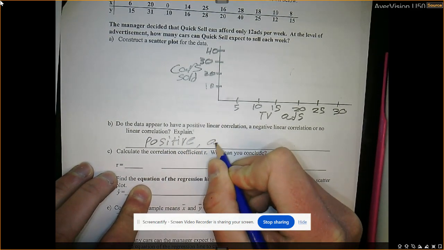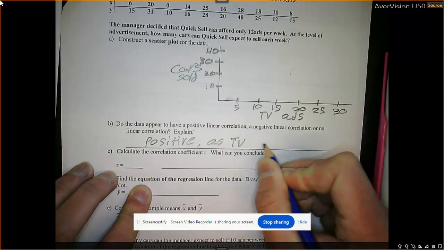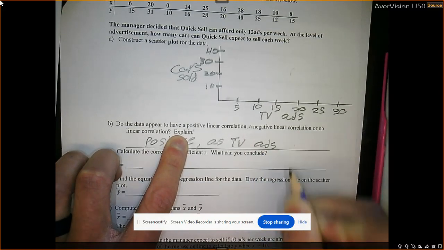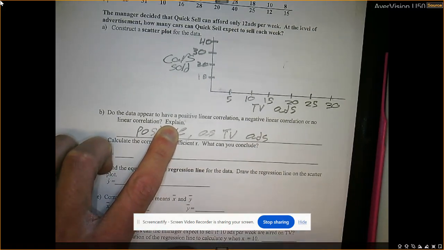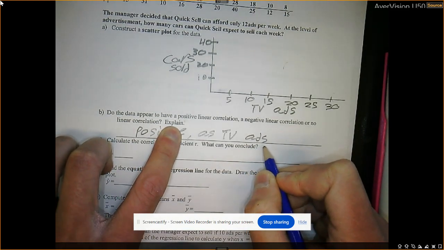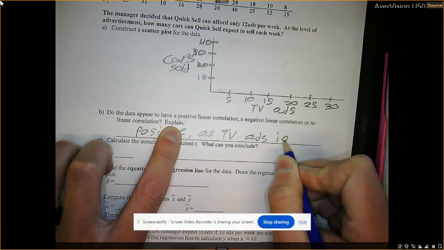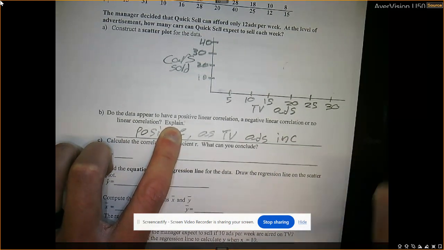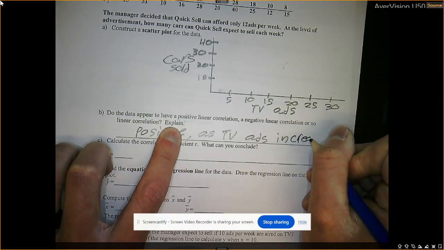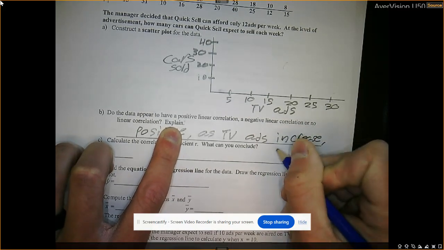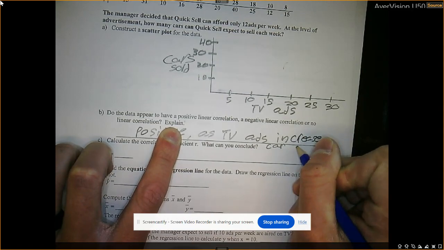In other words, as TV ads increase, because it says explain, so don't read over that. Make sure on your test you are explaining if it says explain, because that means you're getting a point for it. So as TV ads increase, cars sold increase also.